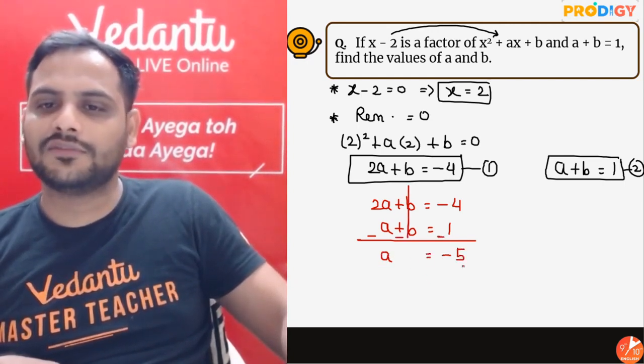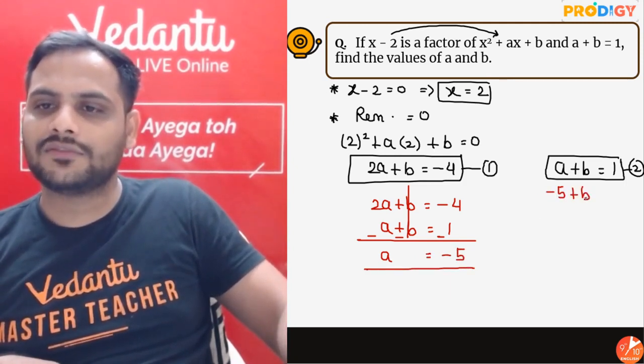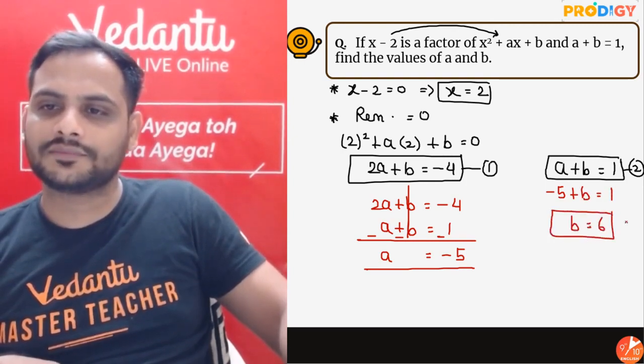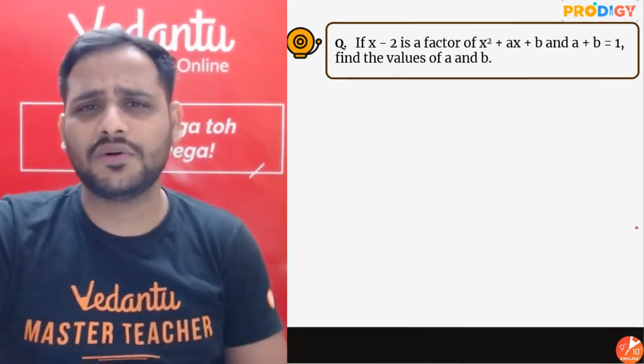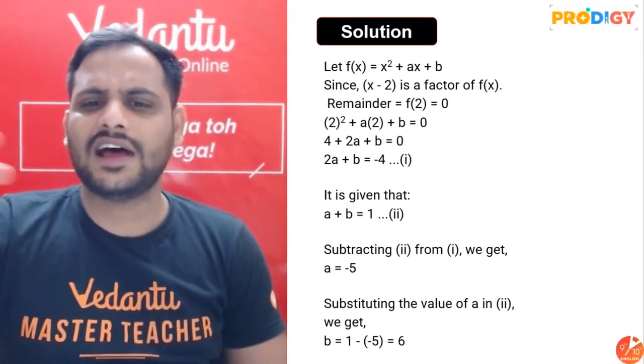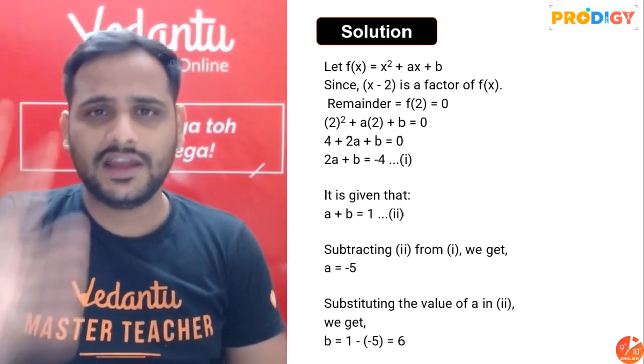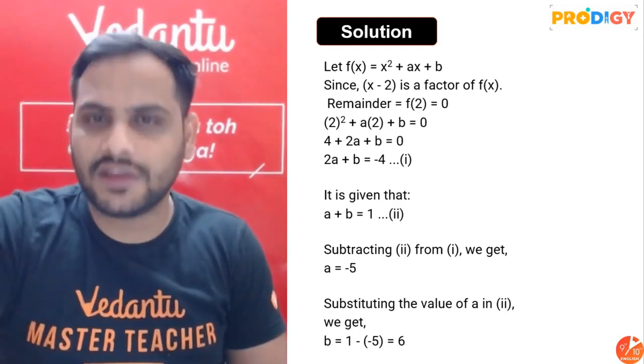Minus 4 minus 1 is minus 5. Put a is equal to minus 5 over here. So minus 5 plus b is equal to 1. We'll get b is equal to 6. So a is equal to minus 5, b is equal to 6. All the questions are very much same. If you understand the remainder theorem and factor theorem, everything will be very easy for you.